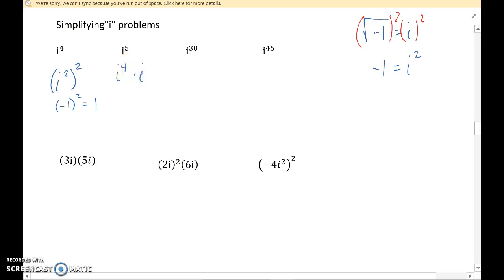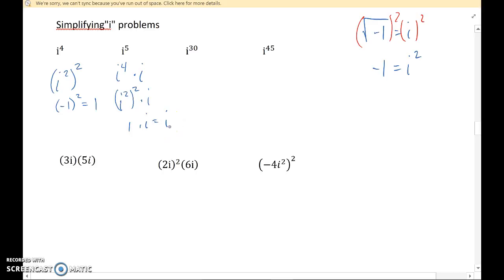So i to the fourth times i is still equivalent to i to the fifth. And like the previous example, i to the fourth can be written as i squared to the 2, and we have to multiply times i. i squared to the 2 is +1, and 1 times i equals i.